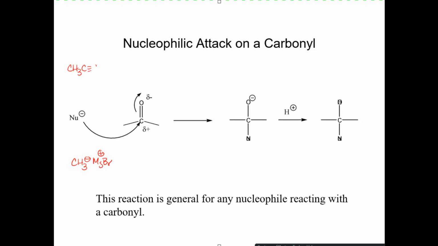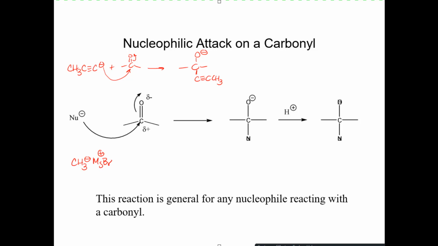We did this once before in Organic 1, where we took an alkynyl anion and reacted it with a carbonyl group, where the C minus would then come in and attack the carbon of the carbonyl and then break the CO bond and give that pair of electrons to the oxygen. And what we ended up doing was forming an O minus, and then we had our C triple bond C. So in this case we made a carbon-carbon bond.